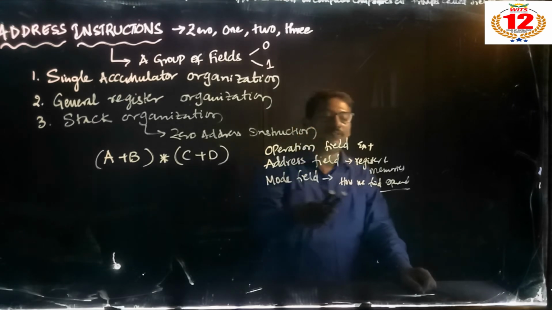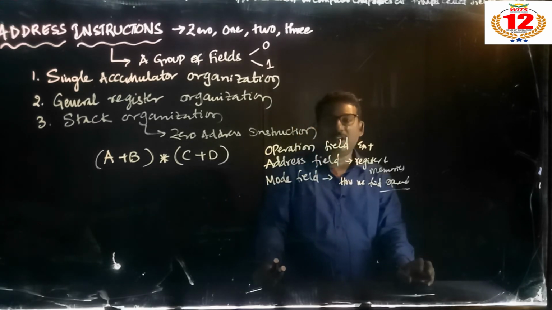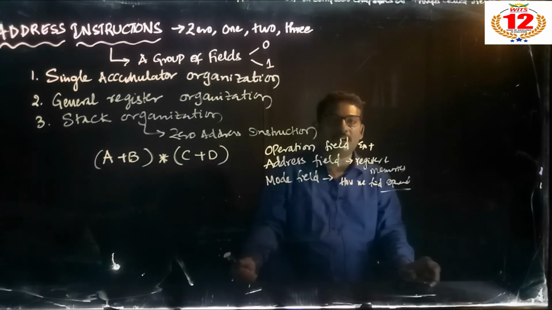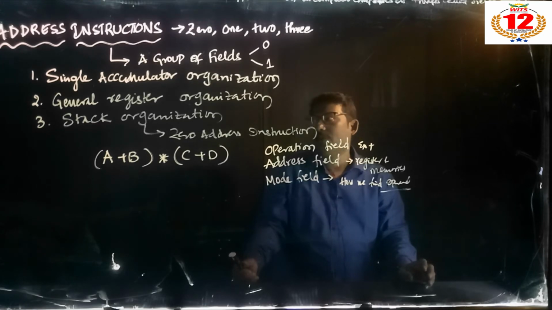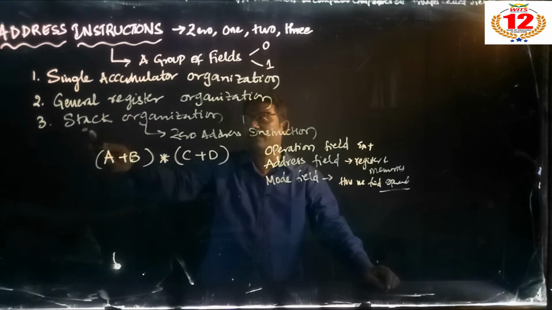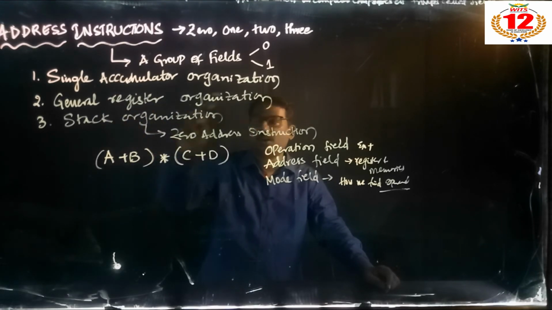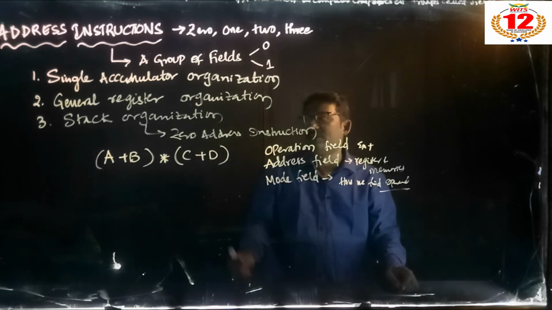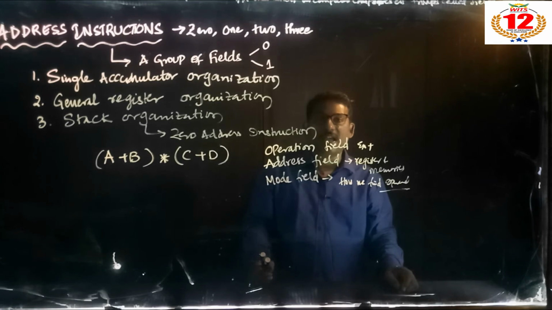The mode field tells where the operand is found, and the operation field is addition, subtraction, multiplication, division, whatever operation we are going to do. The address instructions are mainly based on three organizations: single accumulator organization, general register organization, and stack organization. The 0 address instruction is mainly based on the stack organization.